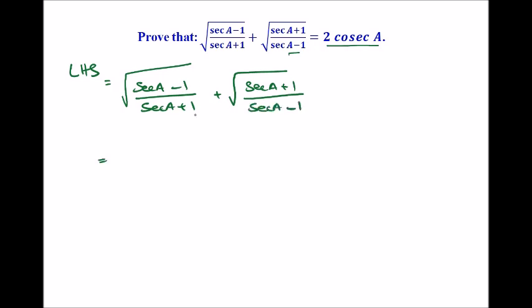In the first term, we will multiply both numerator and denominator by sec A minus 1.